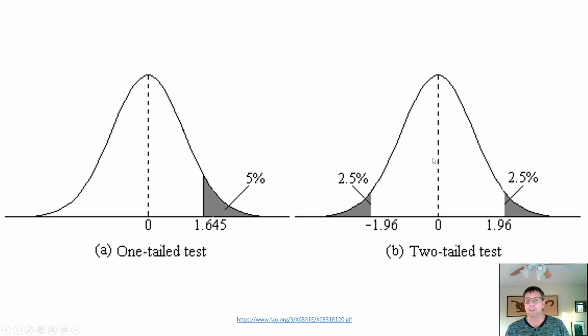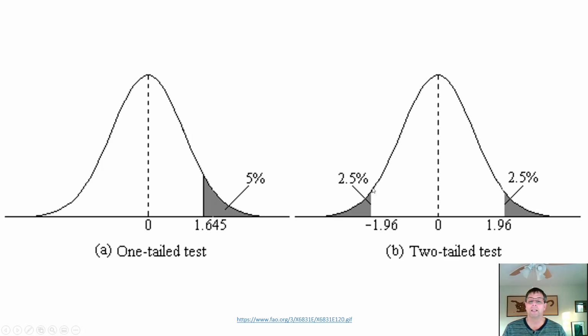So this just shows you when you select a one-tailed or two-tailed test. On the one-tailed test, you say your p-value is 5%, and all of your 5% is going to just go into one tail. So this changes the results, and we'll look at that in just a moment. You're only 1.6 standard deviations away from the mean to get all that 5% in the one tail.